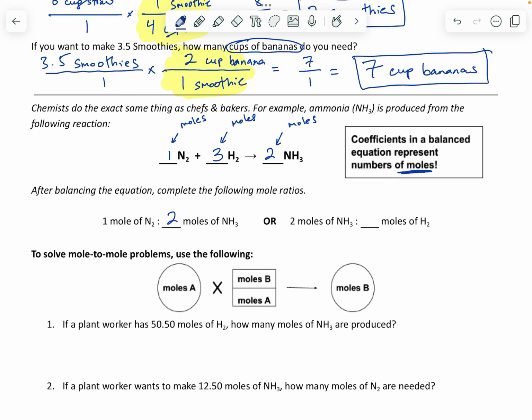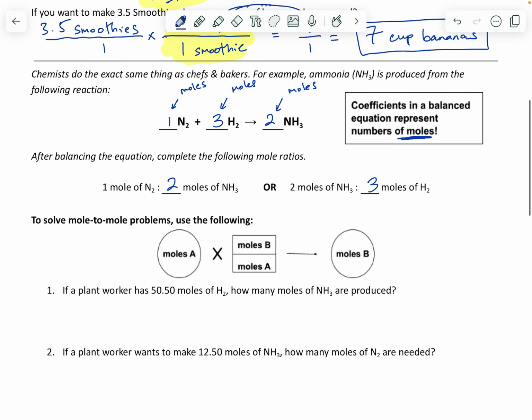So for those 2 moles of NH3, how many moles of H2 are associated with it? And we would say that from our balanced equation, it tells us 3. So we have this nice little template here that helps us work through that.